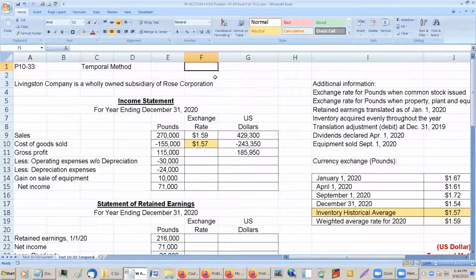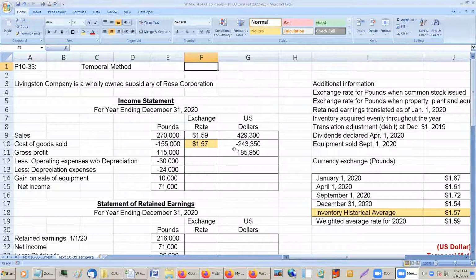They're taking the foreign currency and immediately transferring it into US dollars. It's when the money is actually transferred into US dollars and brought back into the US, basically. It's an integral part of our operations. So the current method is, hey, they're operating in that country, whatever country it is, and we're leaving the money in there, letting them operate autonomously. The temporal method is a little different. That's when it's immediately translated into US dollars.